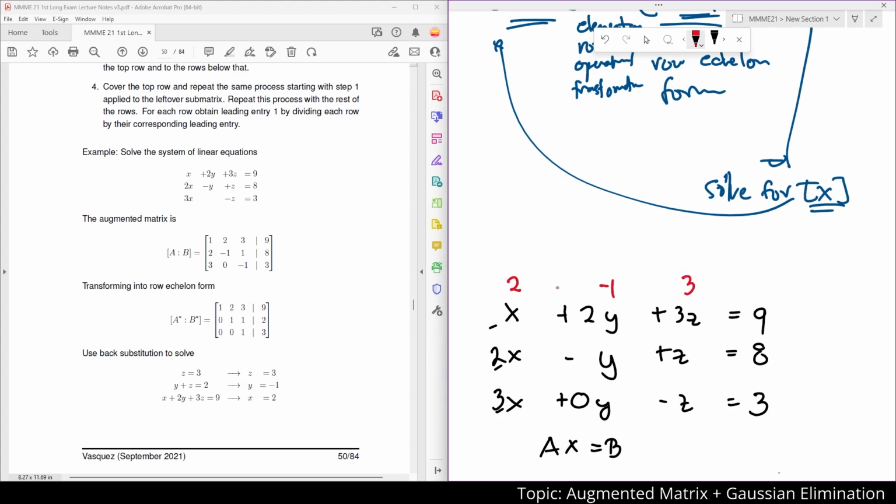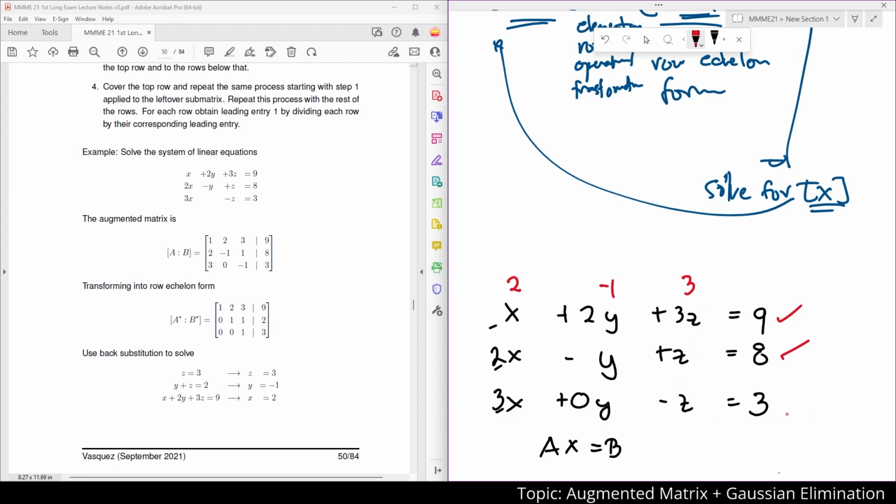2 minus 2 is 0. Plus 3 times 3, 9. Check. 2 times 2, 4. Minus negative 1, 5. Plus 3, 8. 3 times 2, 6. Plus 0 times negative 1, 6 pa rin.